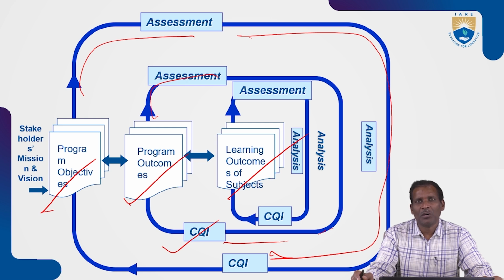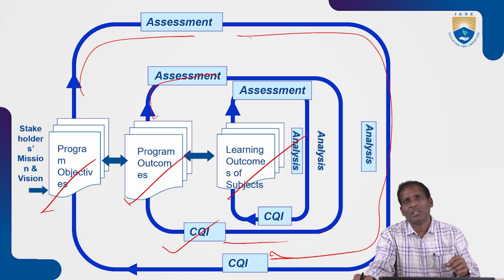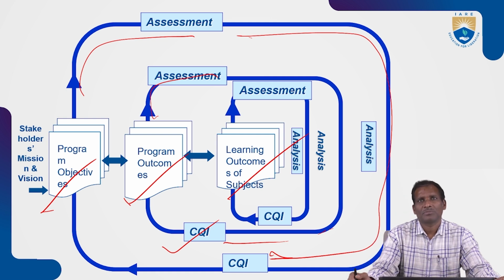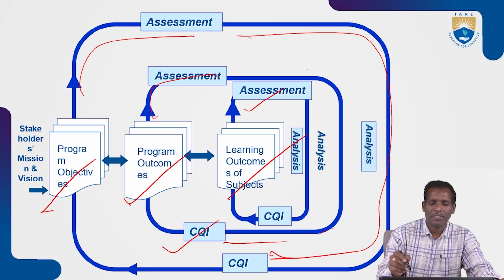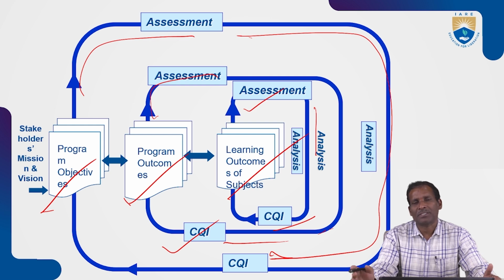And similarly for the learning outcomes of the subjects, the course learning outcomes, CLOs or COs: do assessment, analysis, and then continuous quality improvement. So at every stage, there is an assessment.